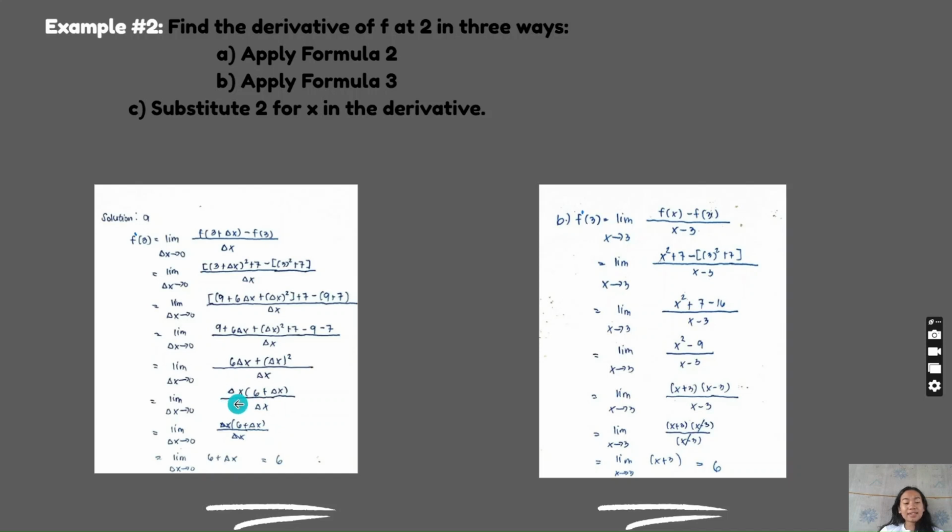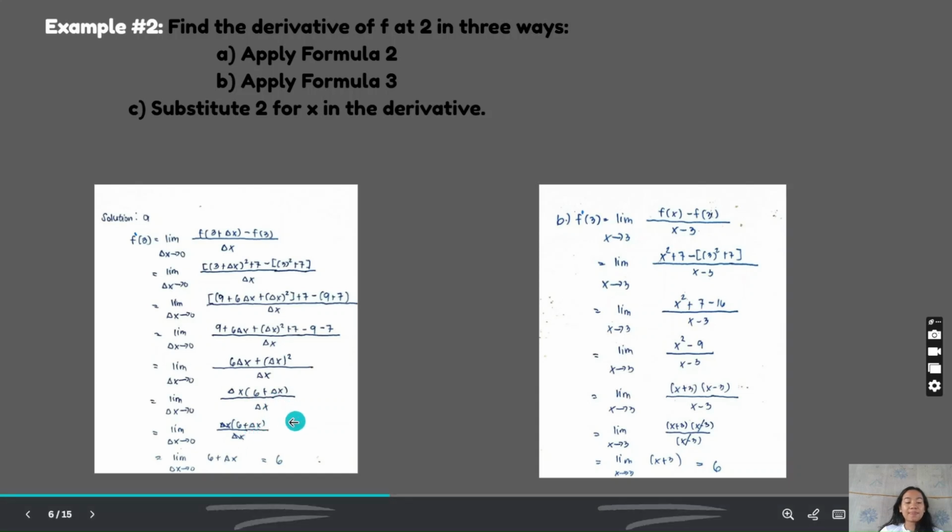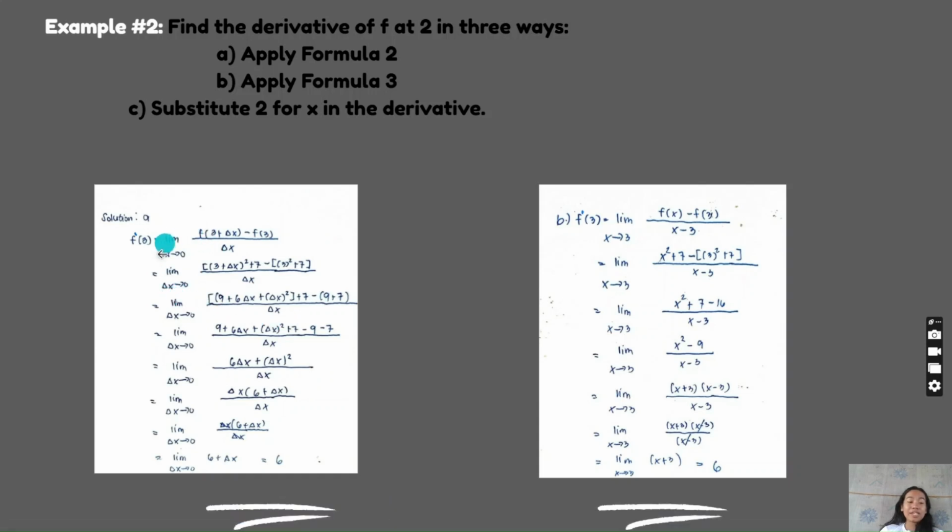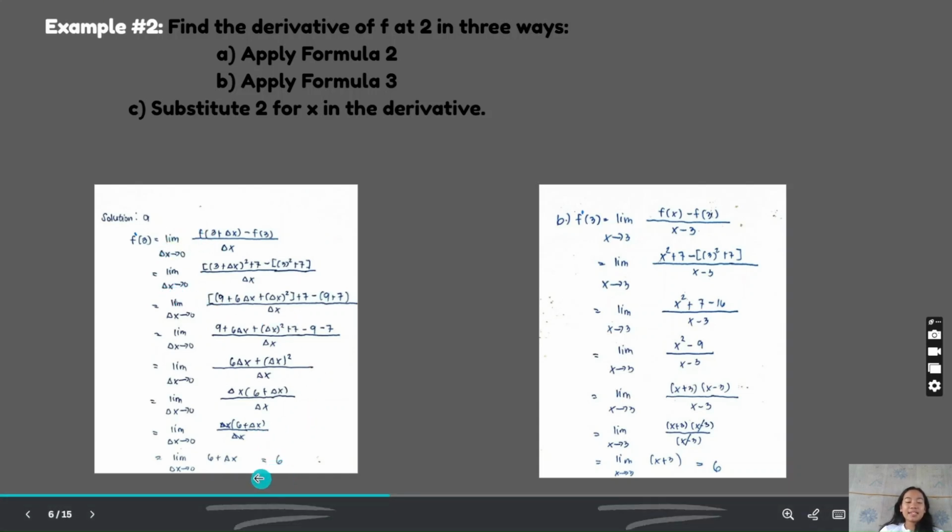Since delta x over delta x can be cancelled, it gives us 6 plus delta x. And since delta x is 0, then 6 plus 0 is equal to 6. So, therefore, applying formula number 2, having x sub 1 as 3, that gives us 6 as our answer.